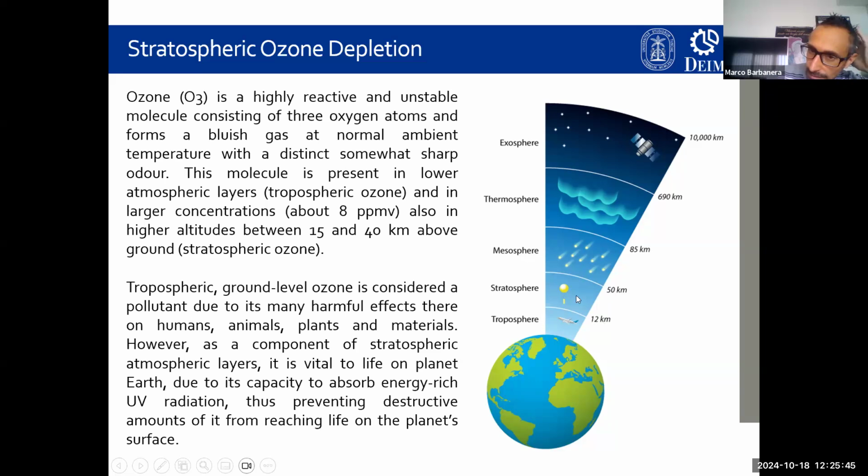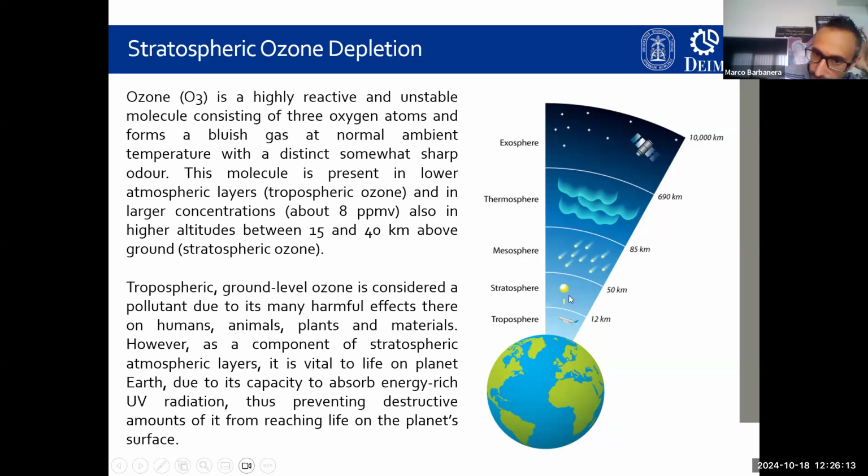The atmosphere is divided typically into different layers. The first layer is the troposphere, then we have the stratosphere. So typically ozone is present in the troposphere in low concentration, and in the stratosphere in larger concentration.